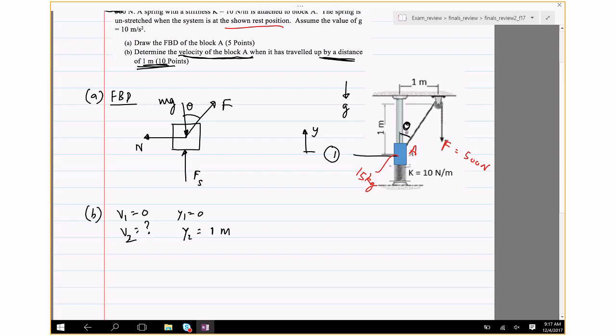Since F is constant, F is a conservative force.